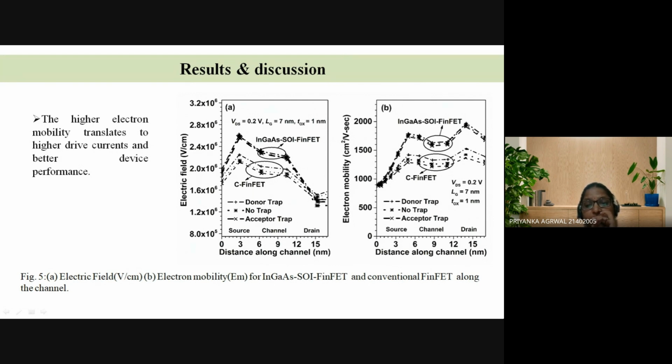And also we can see graph B, where the electron mobility is also high in the indium gallium arsenide SOI FinFET. We can use this high electric field and high electron mobility for RF applications also. Along with the linearity performance, it can also be used for RF applications.